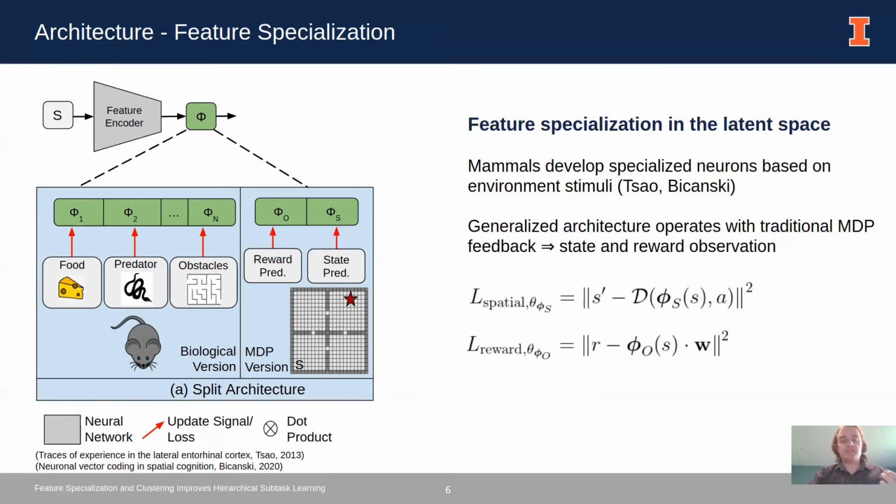Building off successor features, we propose using feature specialization in that phi latent space. This is inspired by mammalian brains, which contain specialized clusters of neurons which model important objects in the environment, such as food, predators, or obstacles, and drive interactions with those features. In our paper, we propose a generalized architecture that operates within the MDP framework, where you're only provided with state and reward observations.